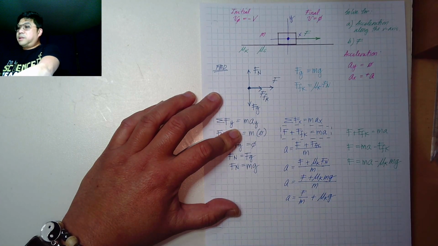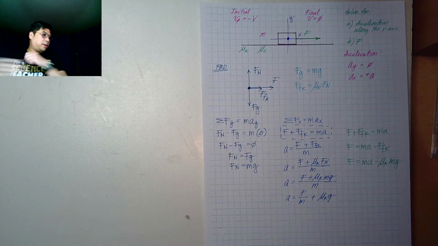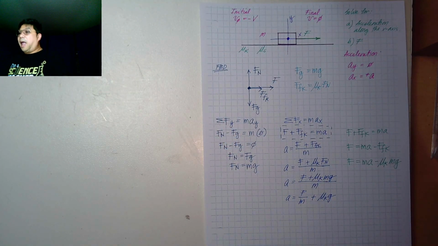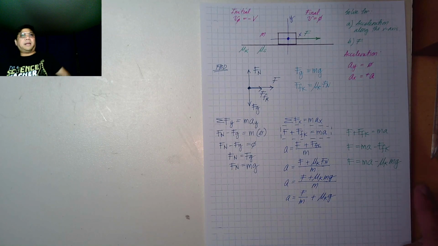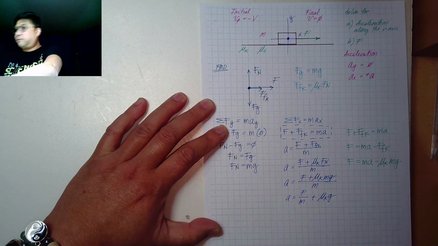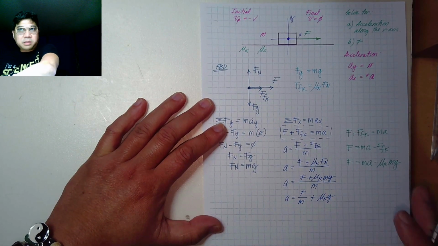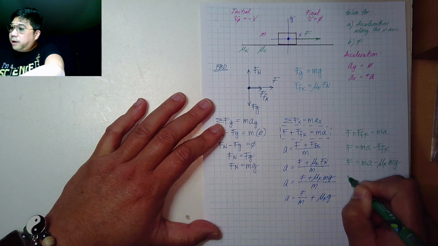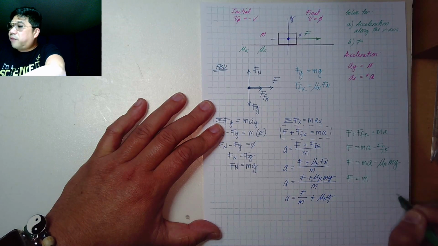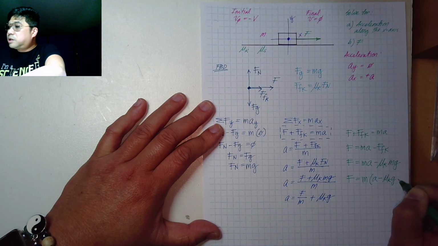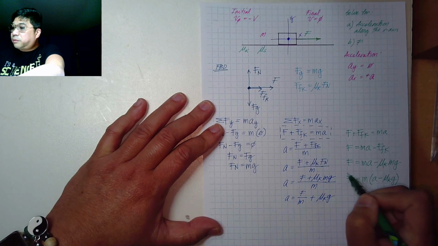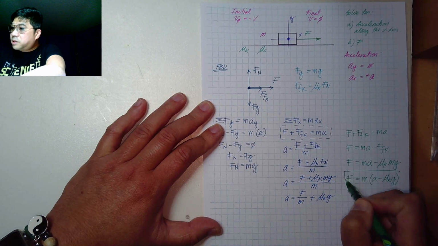In the previous scenario, we did solve for it, but it was positive mu k, the coefficient of kinetic friction multiplied by mass and the acceleration due to gravity, or gravitational field strength, whatever you want to use, it's the value of g. So F is m, so let's factor out m. That will give us a minus mu k times g. So this will be the amount of force needed, and this is our answer for letter B.